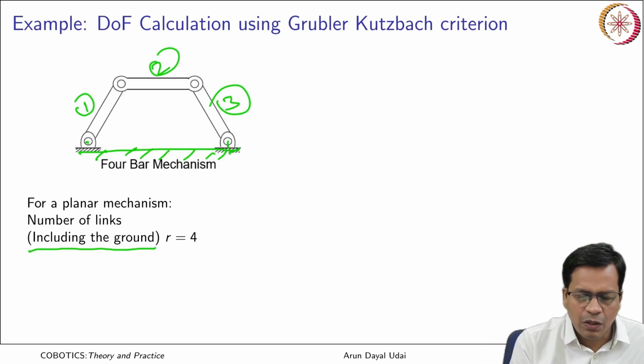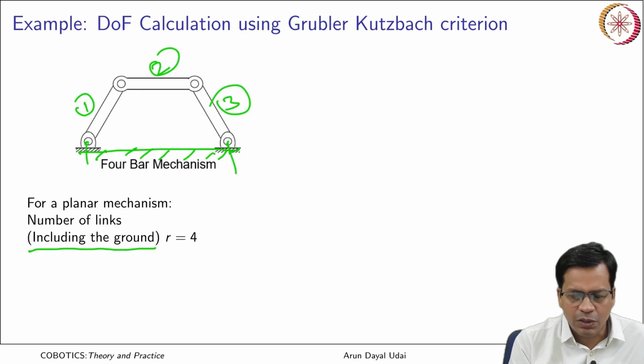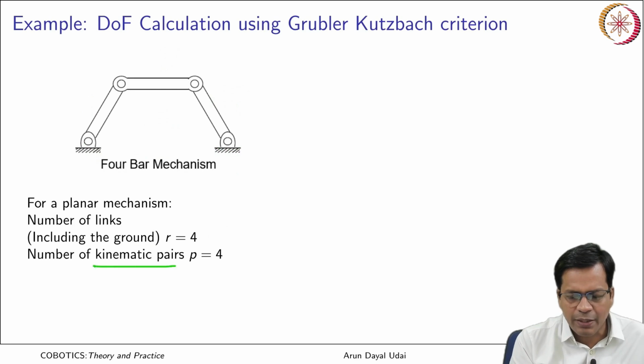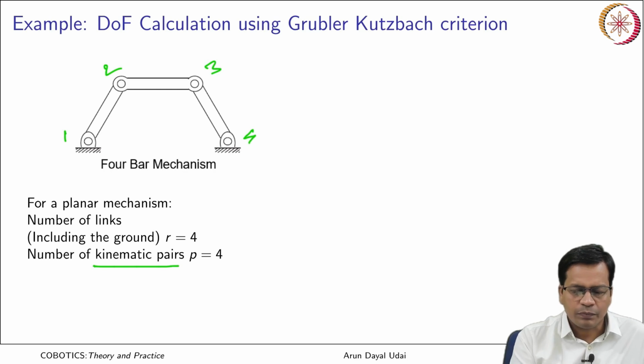It is not allowing this distance to change. So, this is also a virtual link placed at the ground. So, effectively it is the 4th link. So, total links are 4. The number of kinematic pairs here is 4 revolute pairs, you can see 1, 2, 3 and 4. Okay. So, it is a planar system.